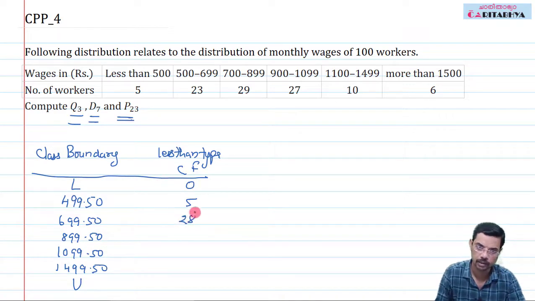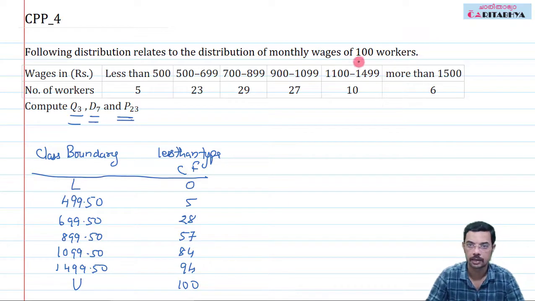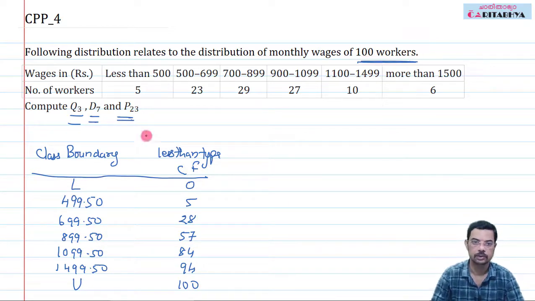Same way, less than 899.5 will be 29 plus 23 plus 5, which is equal to 57. We can move further like this. We have 84 here, then 94 here, and for the highest upper boundary point, what we have is 100. All the observations, there are 100 workers. So the whole classification is done.